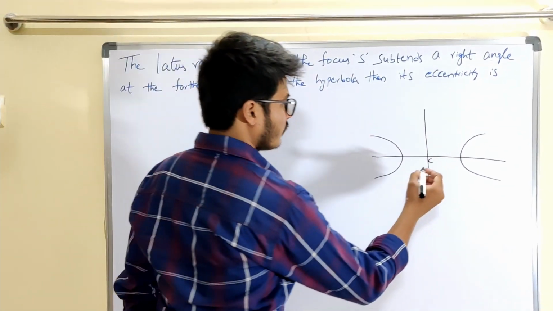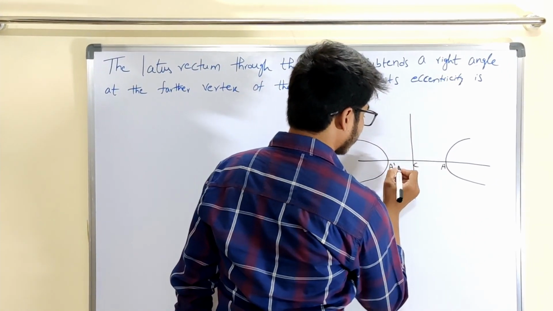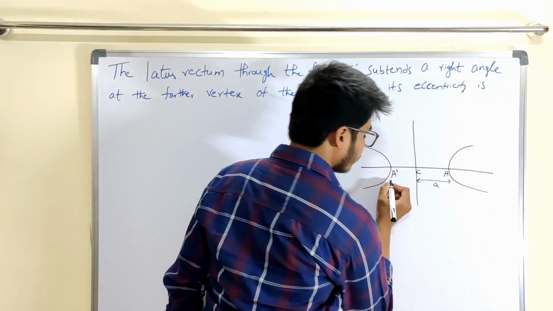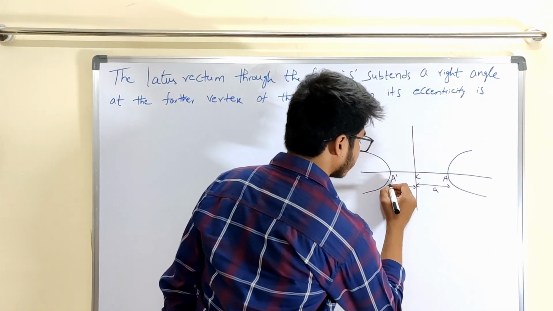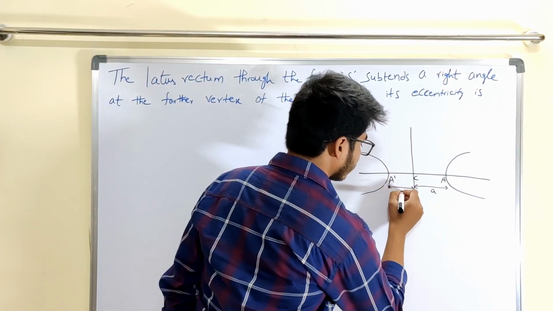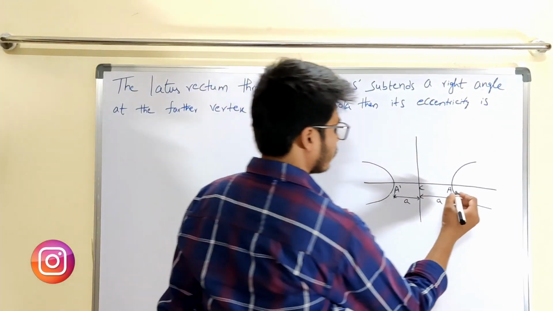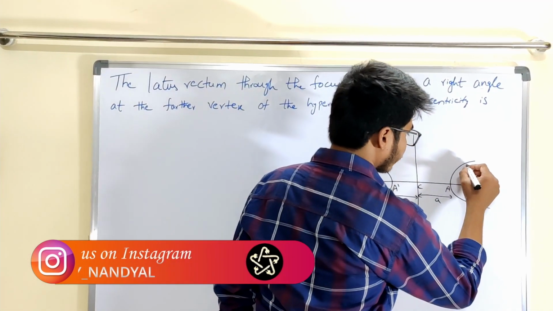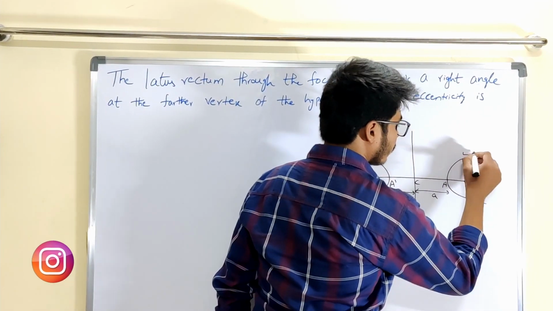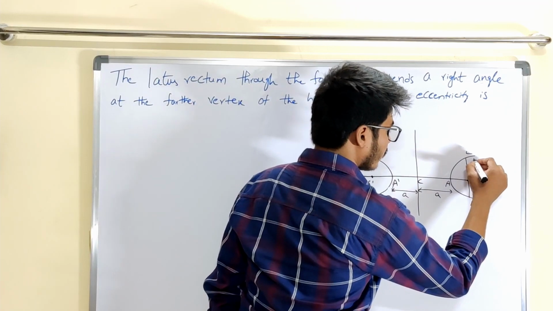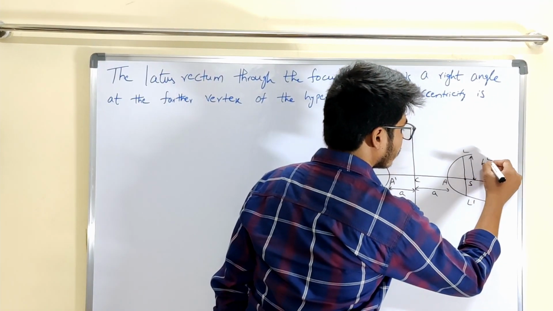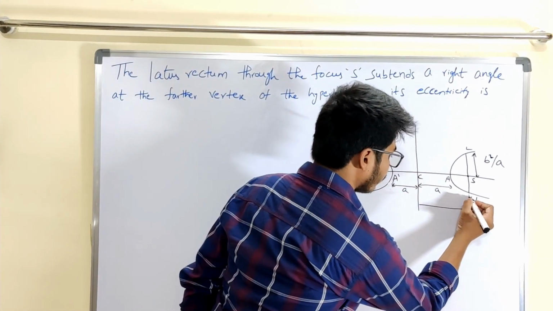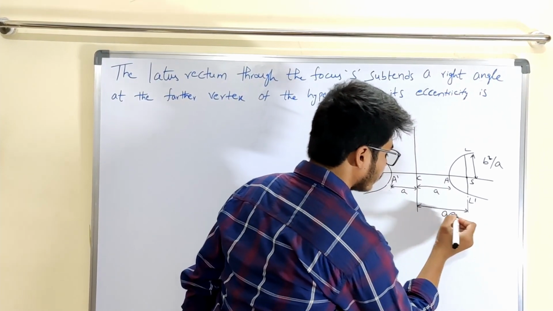Here C is the center and A and A dash are the vertices, and distance from center to vertex is A. Similarly here, distance from center to vertex A dash is A. And now the focus S and S dash, the latus rectum L L dash, and we know here distance from one end of latus rectum to focus is b square by A, and distance from center to focus is AE.